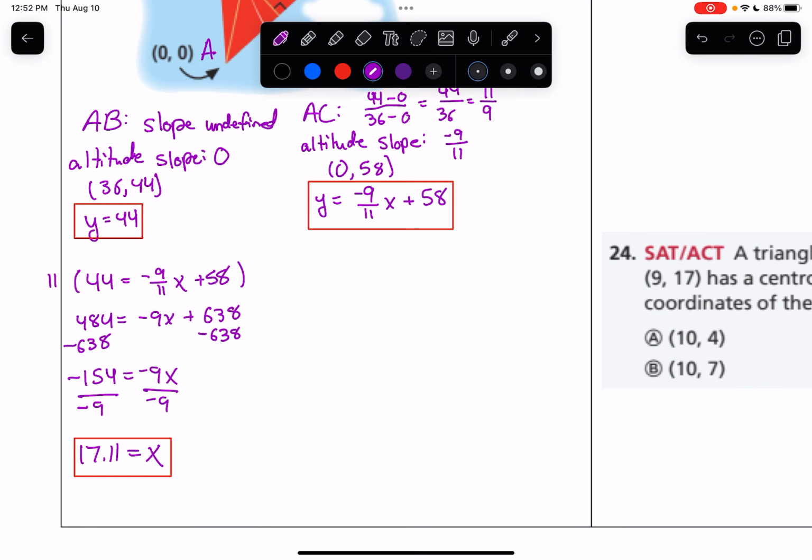Let's see, 17.11, comma, a y coordinate of 44. And that is the coordinate points for my orthocenter. No, not a rectangle? Let's try that again. Whatever. Close enough. So that'll be my answer.